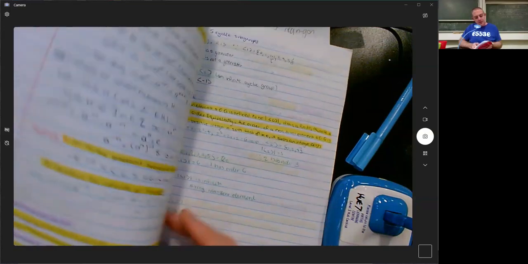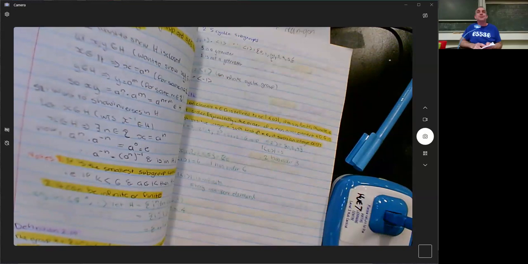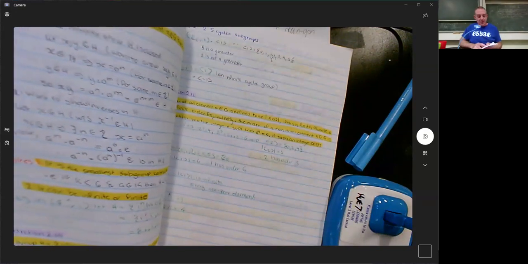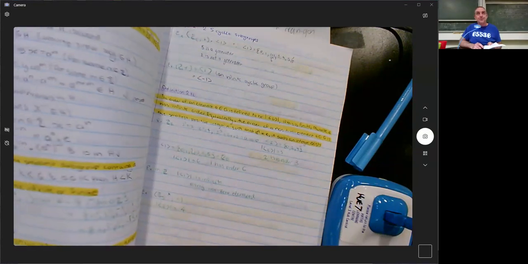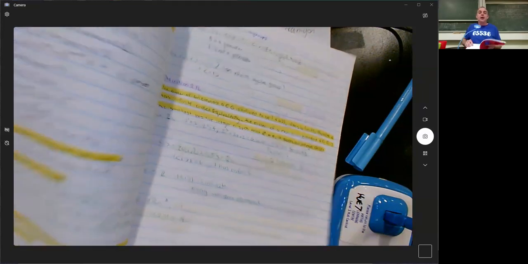How do you feel about cyclic groups? What's that? Something has a generator. What does the word generator mean? Okay.